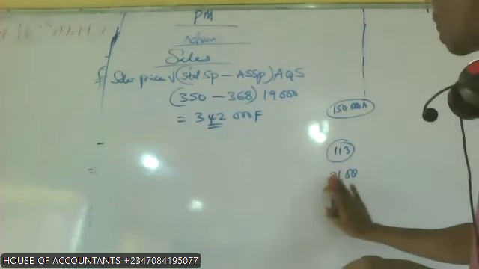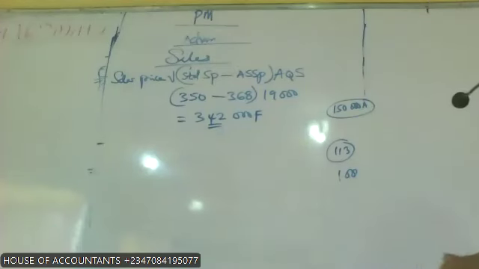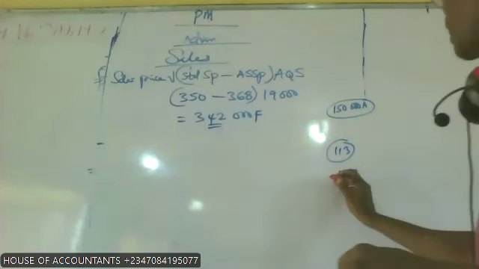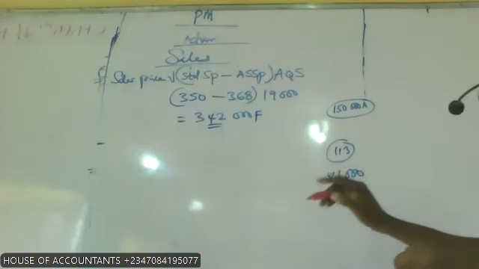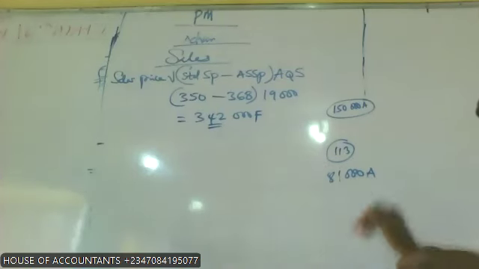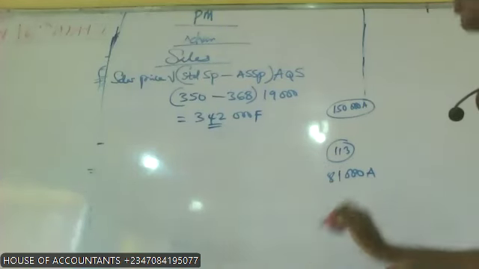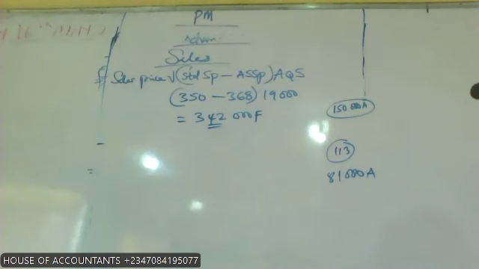The price variance is 81,000 adverse. How about the usage or the mix?